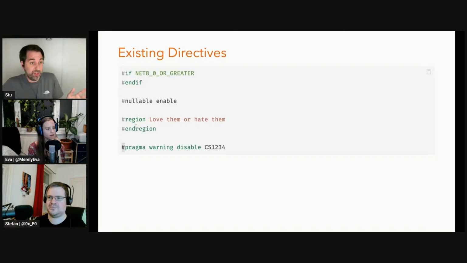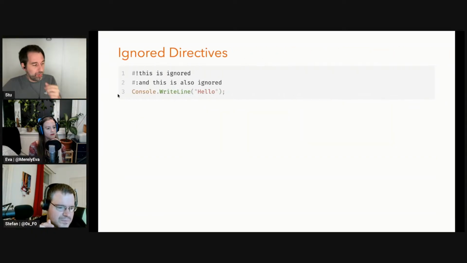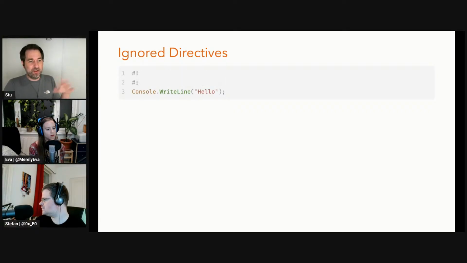So what they've added in C# 14 is two new directives that are basically ignore directives. If you put hash exclamation mark or hash colon, the rest of that line is just ignored. It's like nothing to see here, and to the compiler the lines are just empty lines.